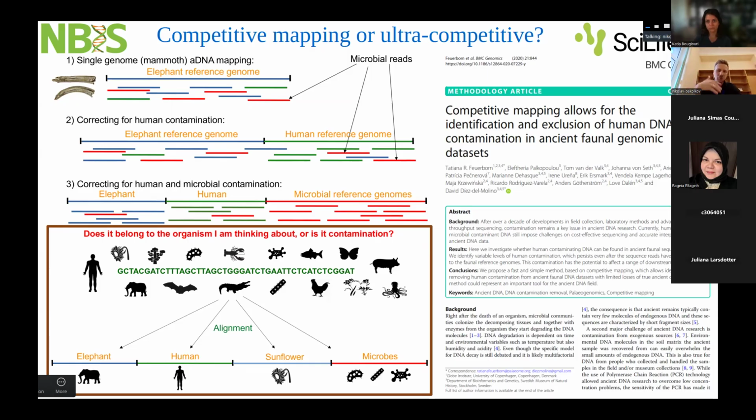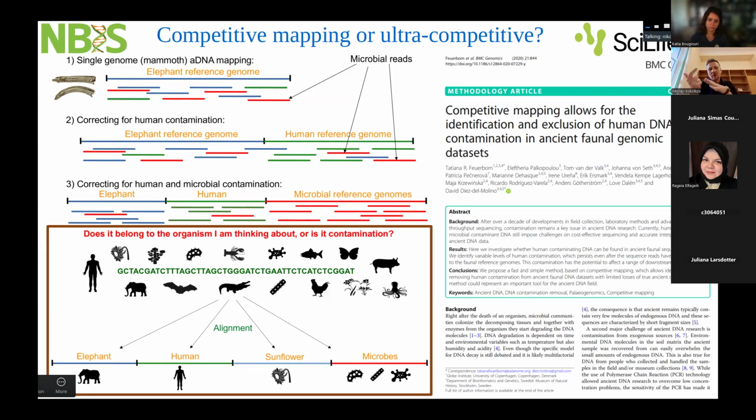Of course, ancient DNA people call contamination everything which is modern. Often they say, well, I don't want modern reads. And then yes, the deamination or DNA fragmentation is helpful to disentangle modern versus ancient. But then let's say you have multiple ancient organisms present: ancient microbes, ancient plants, and the mammoth DNA.